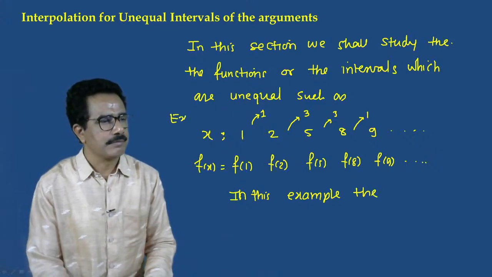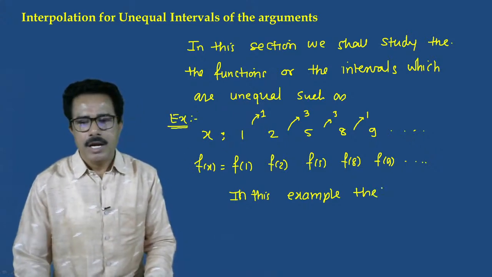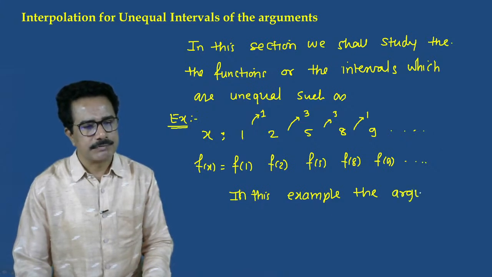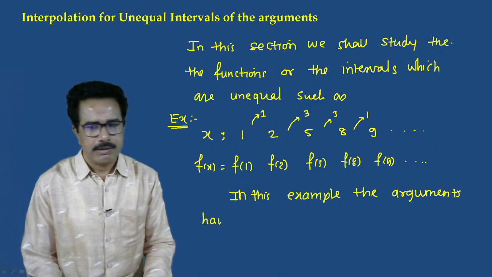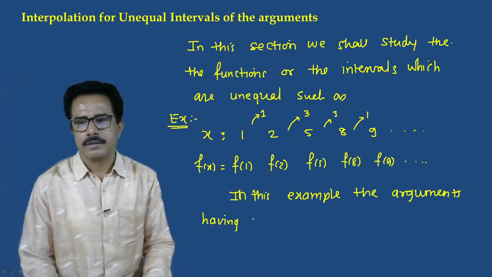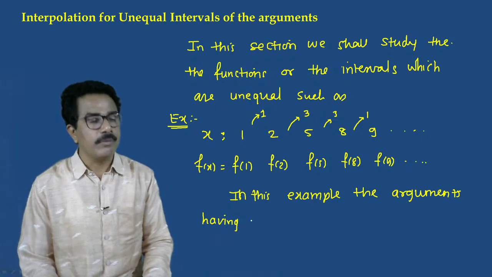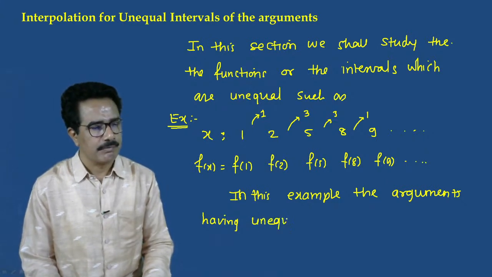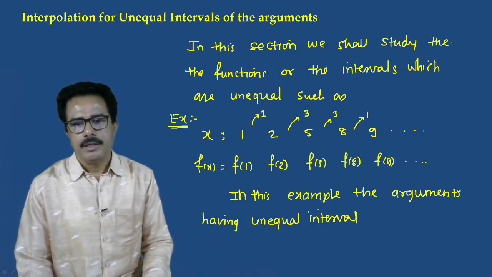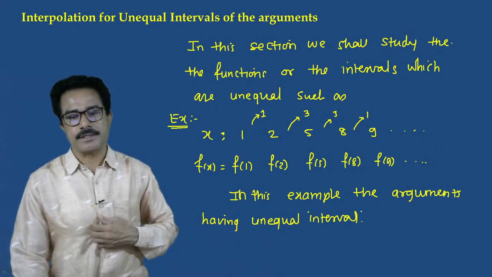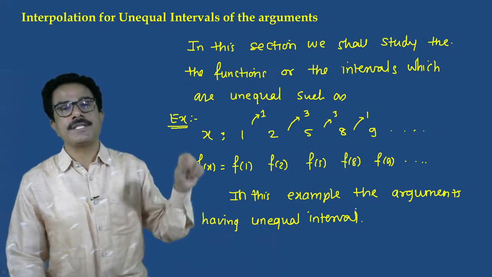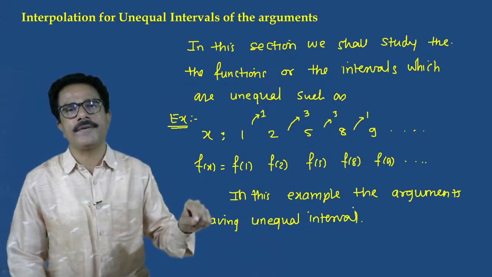In this example, the arguments have unequal intervals. For equal interval we discussed the forward difference table, forward difference, backward difference.